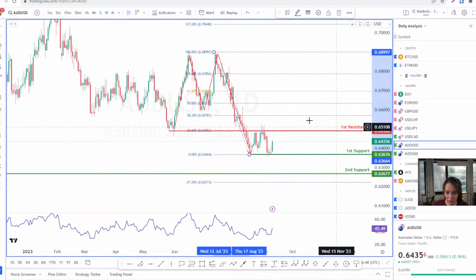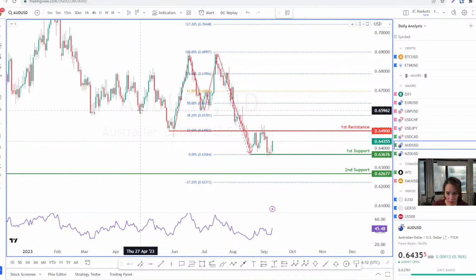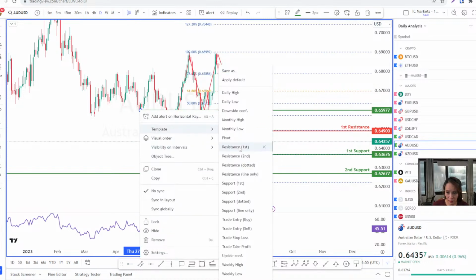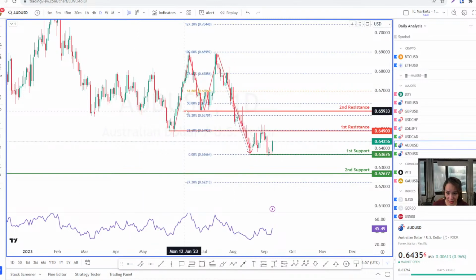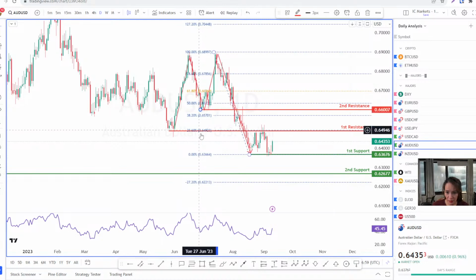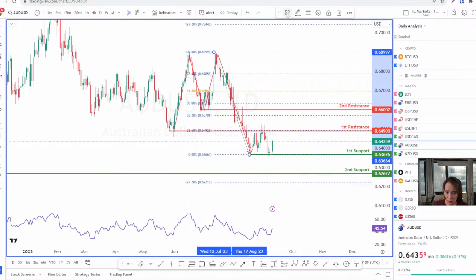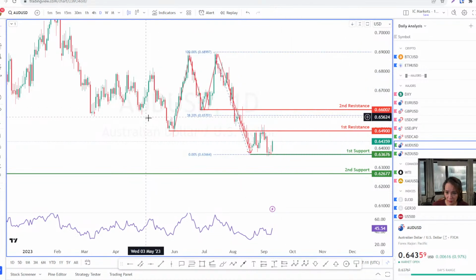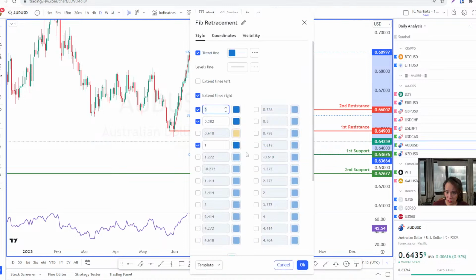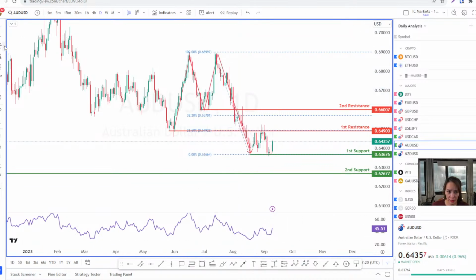So this is first resistance, and second resistance should be somewhere here, which you can call the neckline. Then I'll pick the 23 and 38% fib level. Where's my 23? Okay, yeah, and then you may highlight.